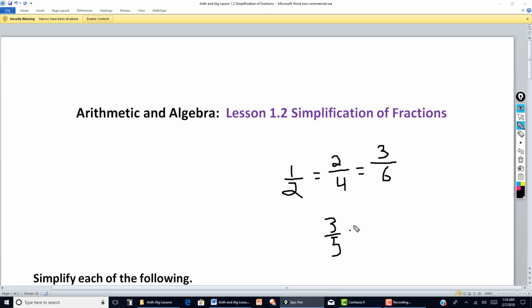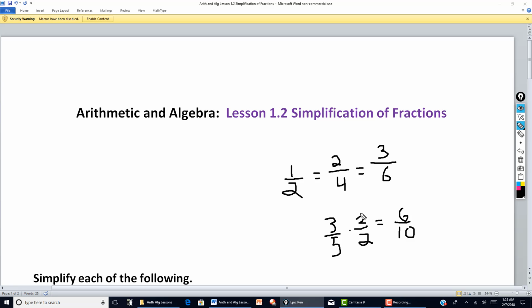I'm going to multiply the numerator by 2 and the denominator by 2, and that's going to give me the fraction 6 over 10. So 3/5 is the same thing as 6/10.